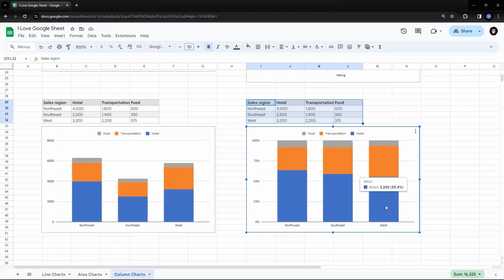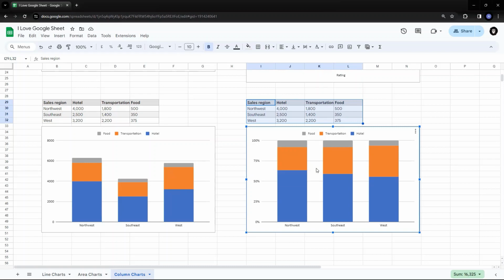West contributes only 55%, whereas Northwest contributes around 63.5%, which we would be able to understand from the previous stacked chart. Same for transportation expenses, we can see 38% was contributed by transportation, whereas Northwest contributed only 28%.